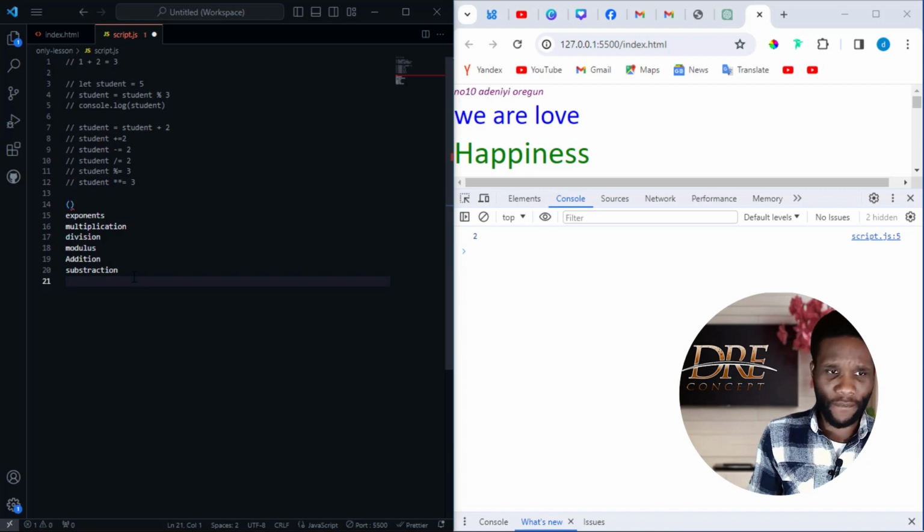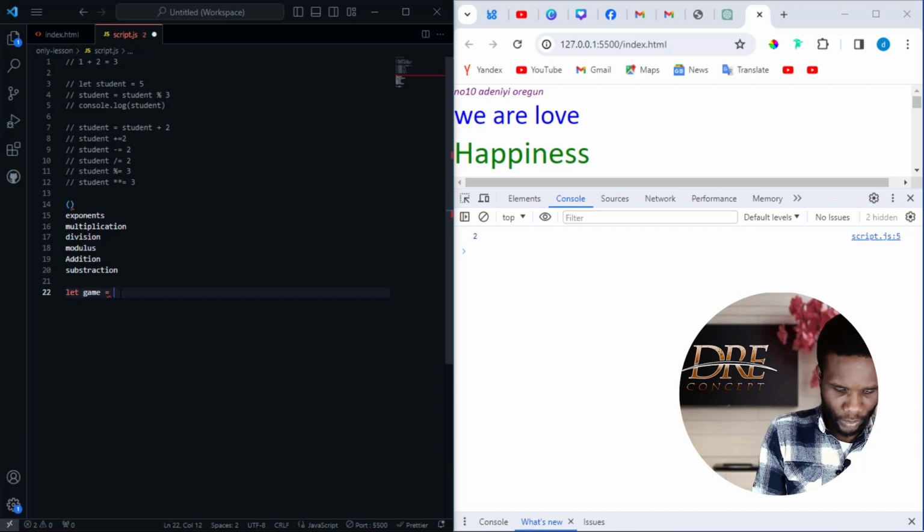So let's have something for us here. Let's declare it: game equals 6 divided by 2, then let's have the exponent of 2 minus 1.